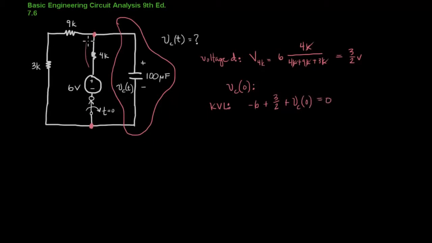Okay, assuming, of course, that I've labeled my polarities in that way. So when you solve for this, you'll get Vc at 0 equals 9/2 or 4.5 volts. This is our initial condition.